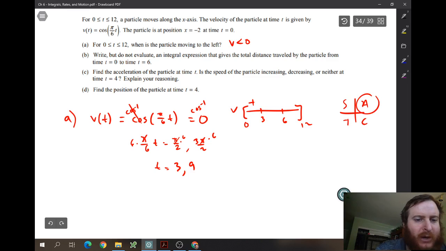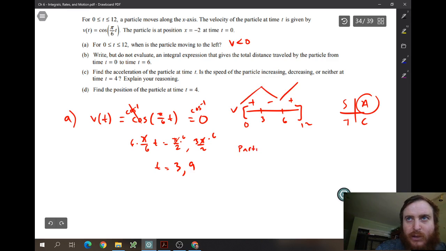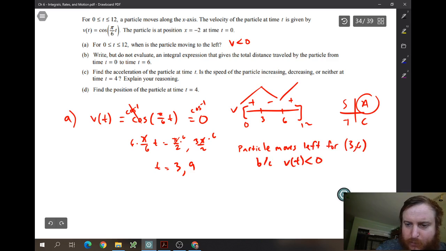So I know it's positive. I don't care what the answer is, it's positive. Then it's cosine, so they always flip: increasing, decreasing, increasing. So the particle is moving left for 3 to 6, because v of t is less than 0.